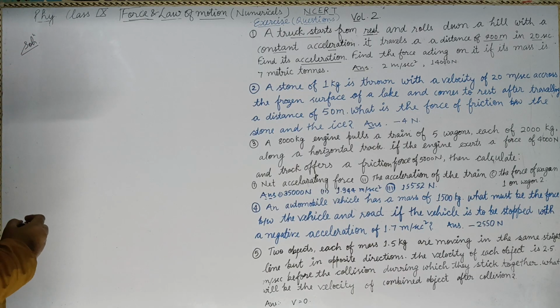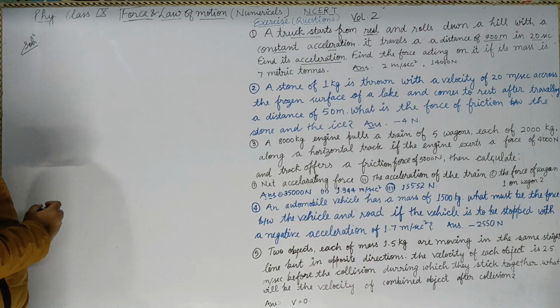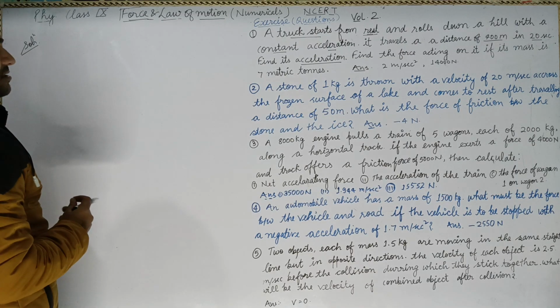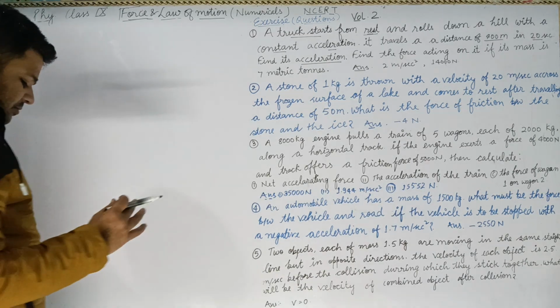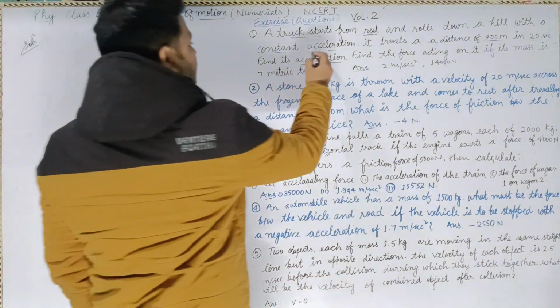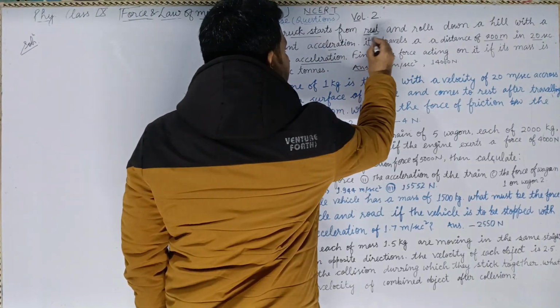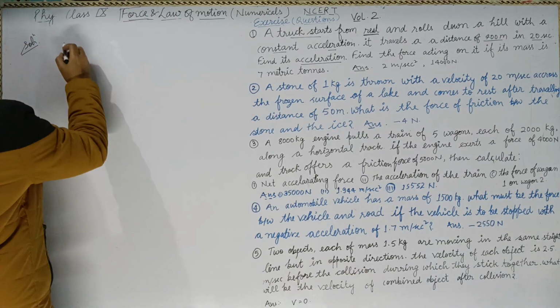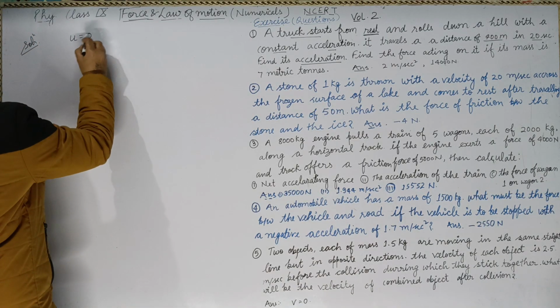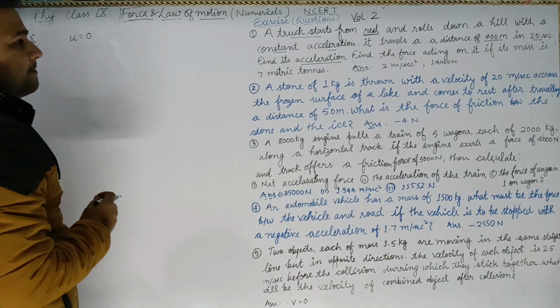A truck starts from rest and rolls down a hill with a constant acceleration. It travels a distance of 400 meters in 20 seconds. The truck starts from rest, so the initial velocity u is equal to 0.